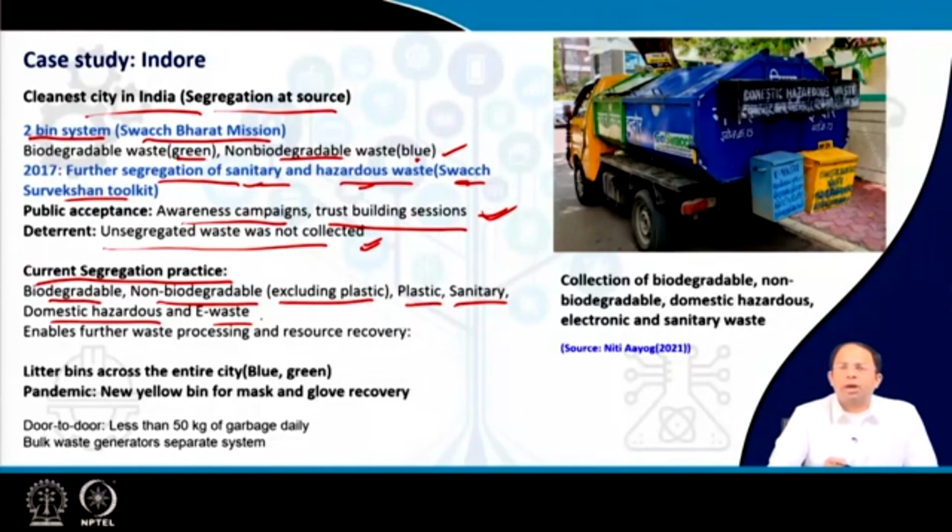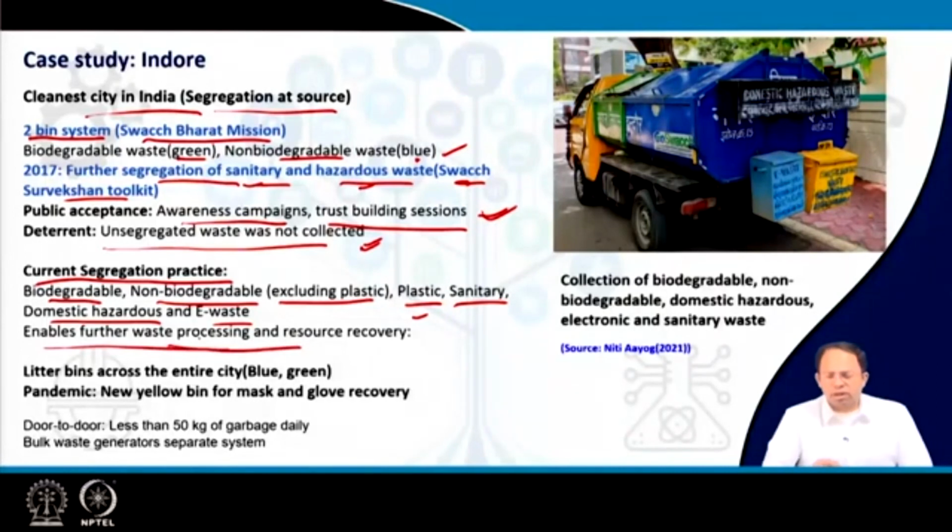And if you remember from our earlier lecture, we talked about the case of Goa, Panaji as well. There also a lot of segregation is being done, but over here it is done in the primary collection stage itself. Indore is doing this kind of segregation, and because of this, it enables further waste processing and resource recovery.